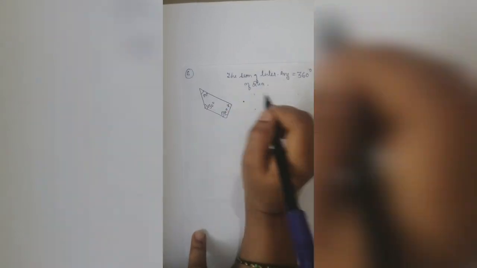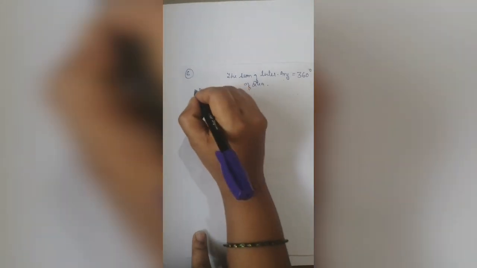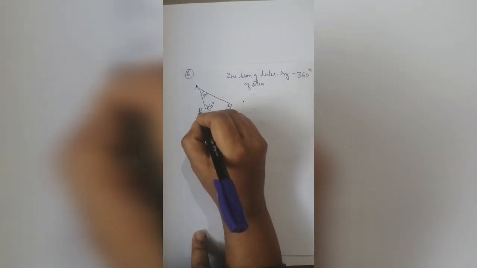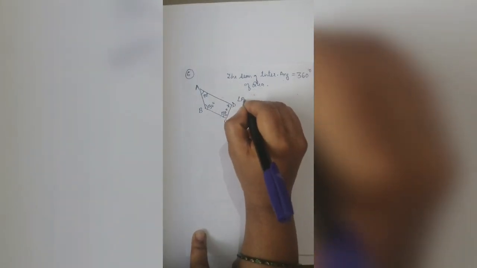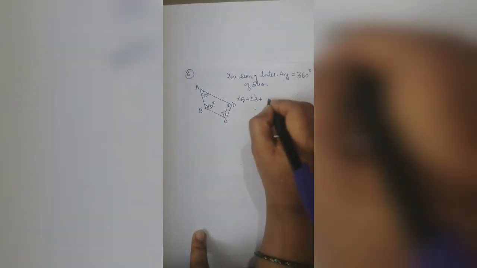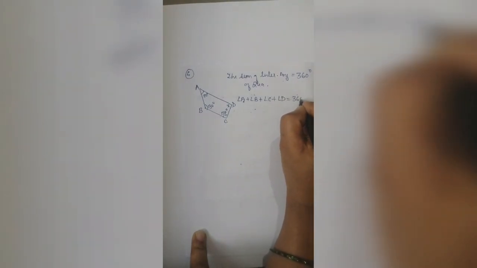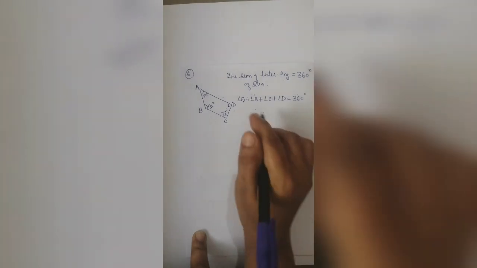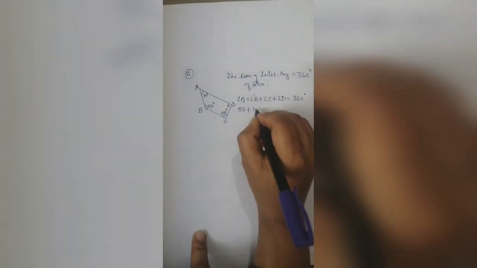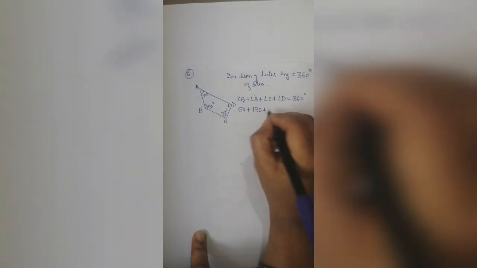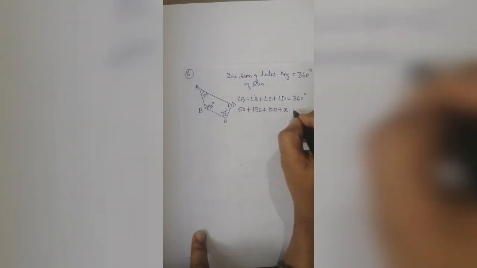Suppose for your convenience I have named it ABCD. So angle A plus angle B plus angle C plus angle D is equal to 360 degrees. Angle A is equal to 50, angle B is equal to 130, angle C is equal to 120, and angle D is equal to x.